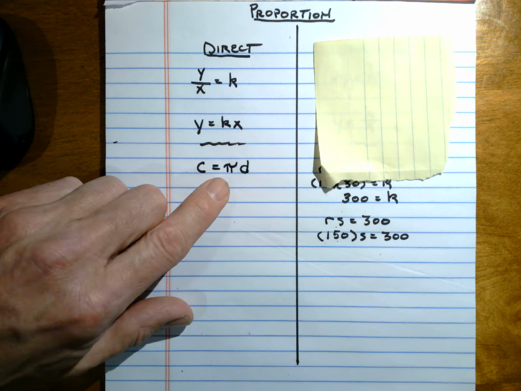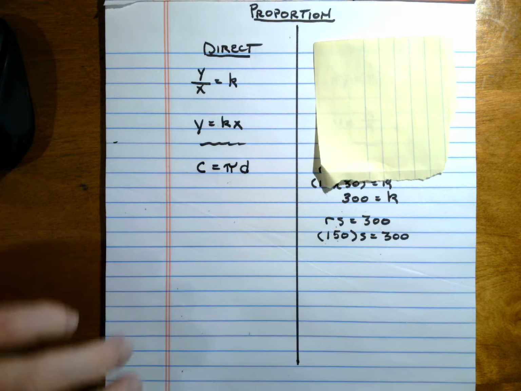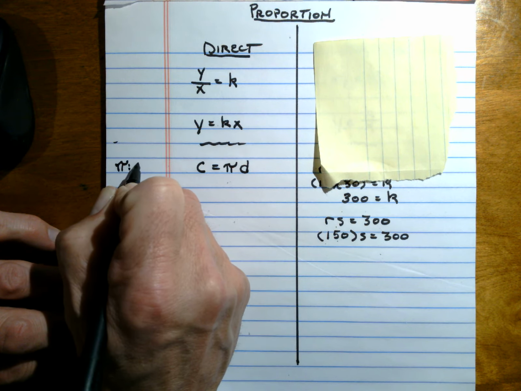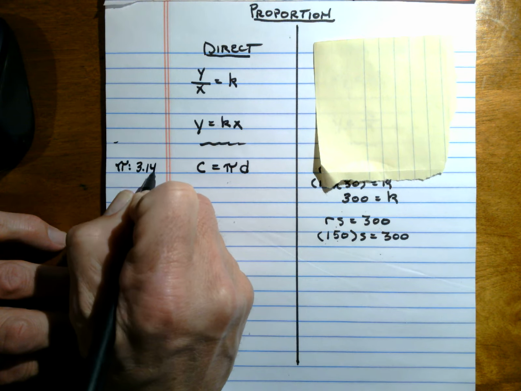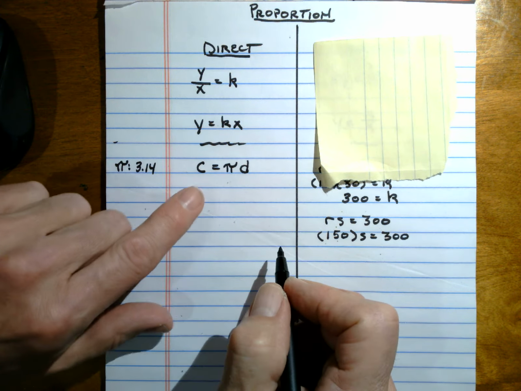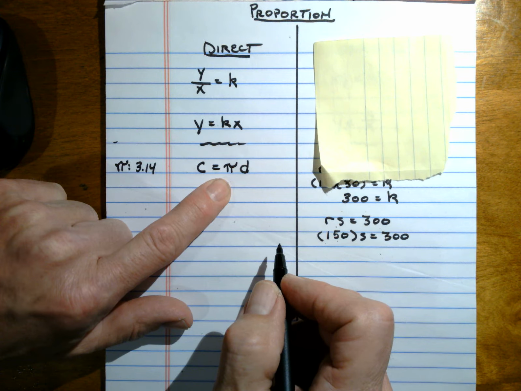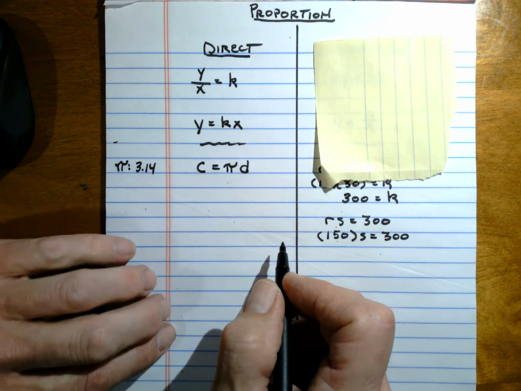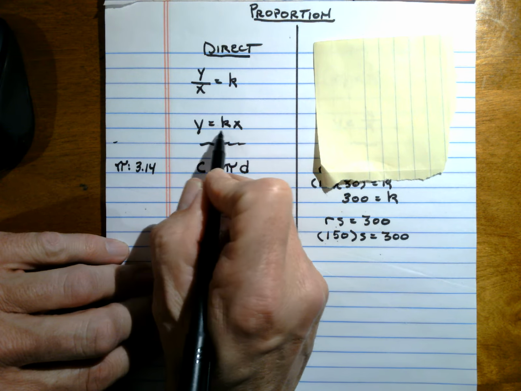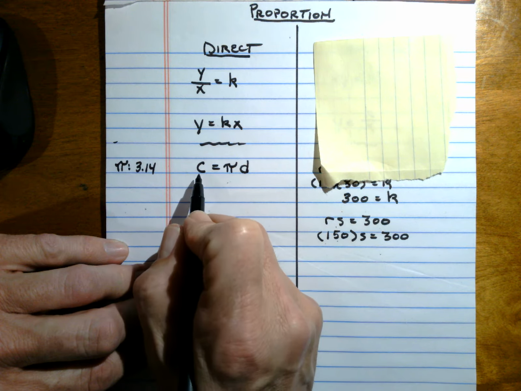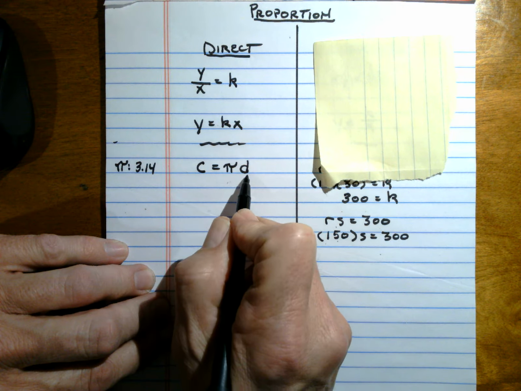Now, pi is not a variable. Pi is a number. In fact, later on in the problem, it tells us to use 3.14 as our estimate for pi. So this symbol actually represents the constant of proportionality because, like we have up here, variable equals constant times variable. Now we have variable equals constant times variable.